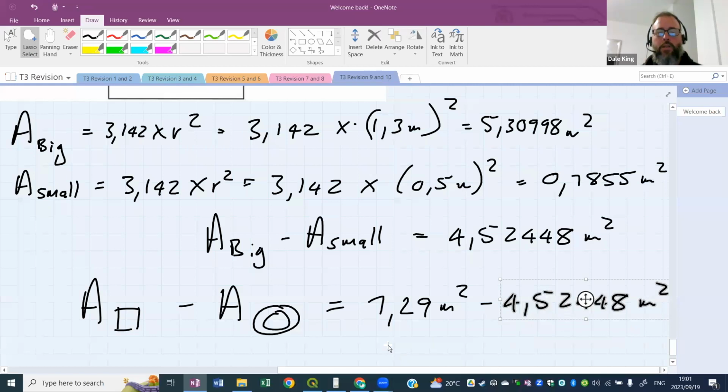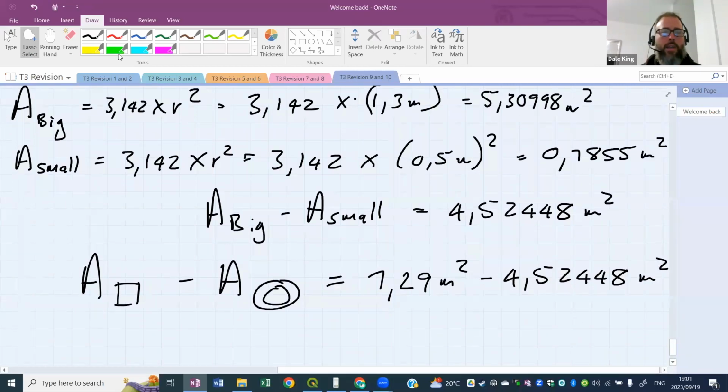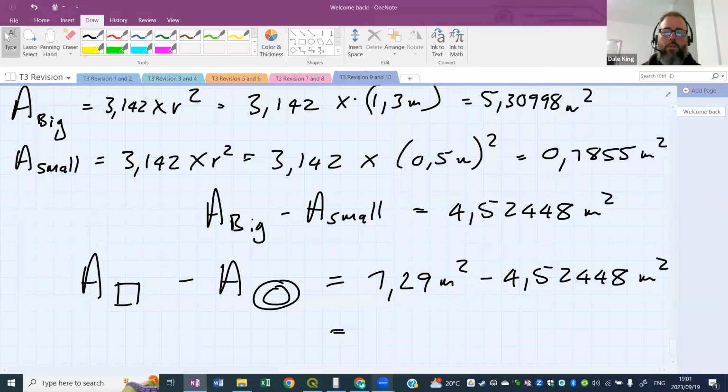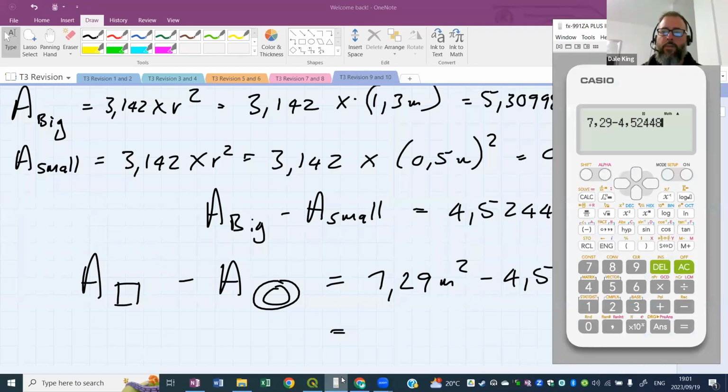All right, we're going to minus that, and I don't think we're going to get what they've got, but we're going to get something. So 7.29 minus 4.52448. All right, 2.76552.